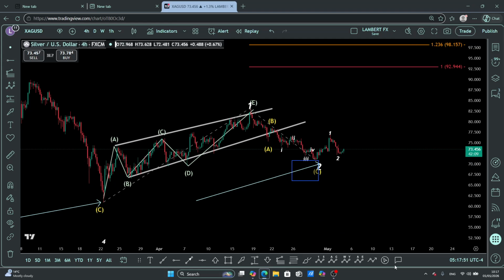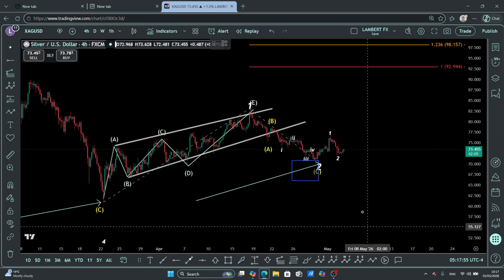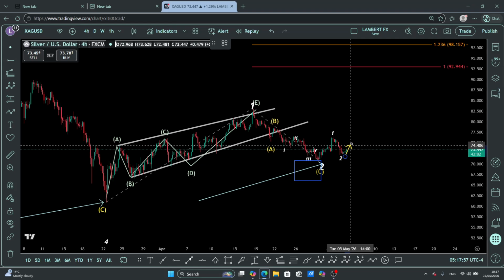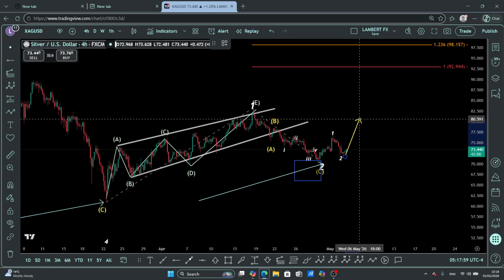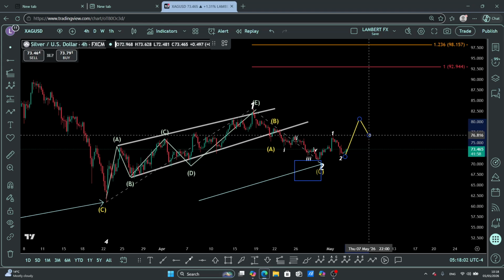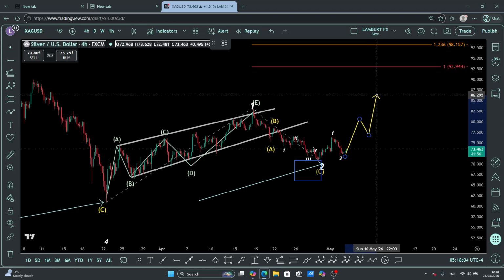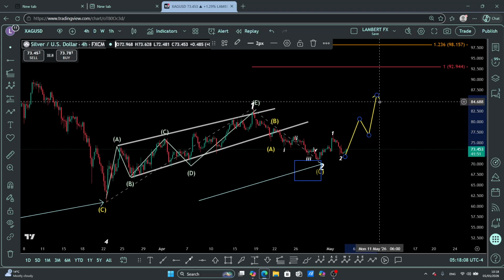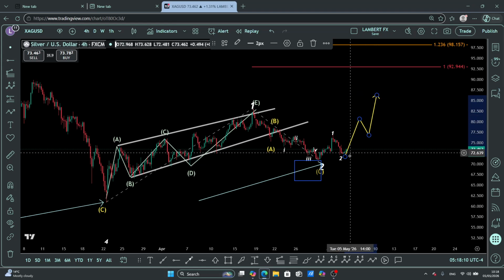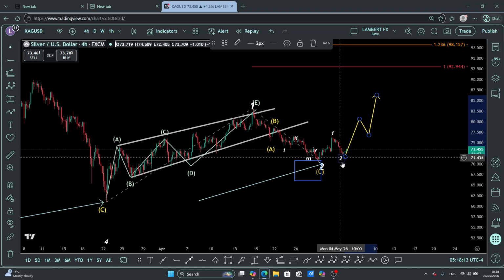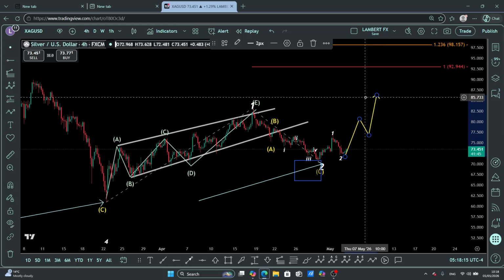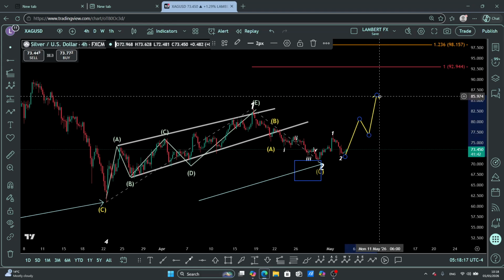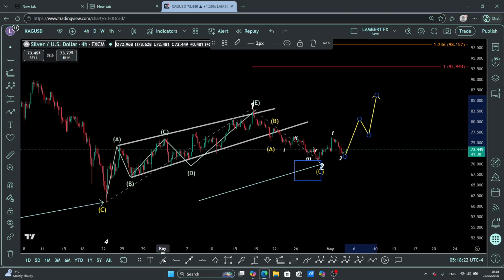We are now looking for a leg three. So we now have our two, and we're looking for a leg 3, 4, and 5. And once you've seen the 5 complete, once you've seen we have 1, 2, 3, 4, 5, you may then take your profit and wait for a correction before entering again.